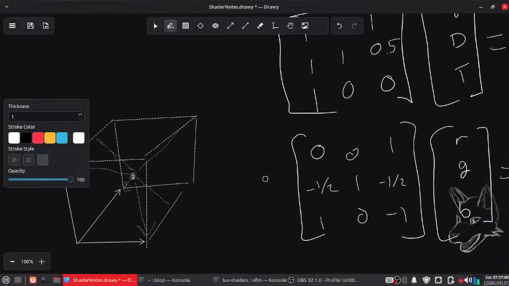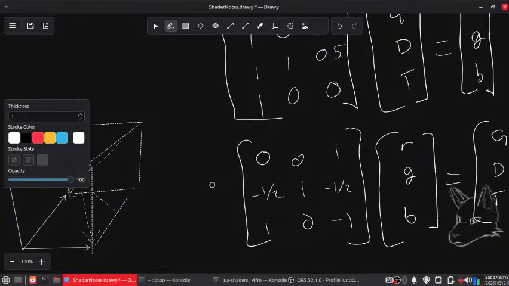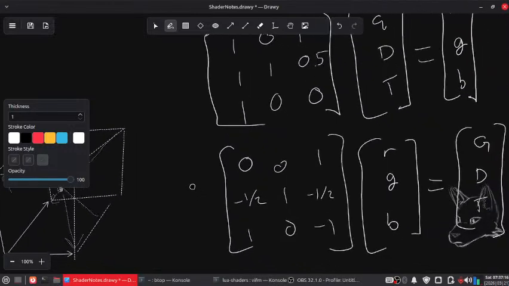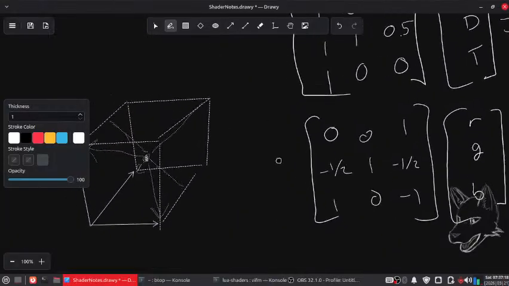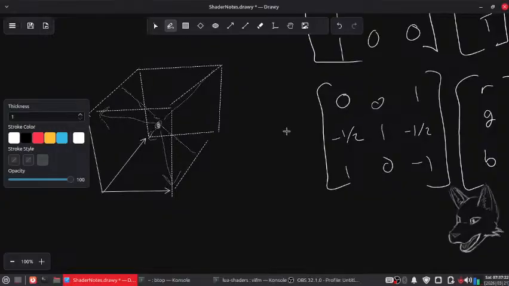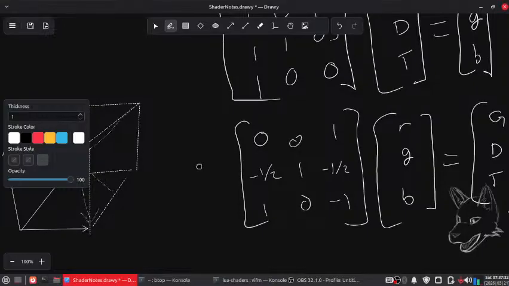Oh, positive temp is red. And B is minus 1, negative temp. Yeah, no, that actually does make sense, because it's minus temp.